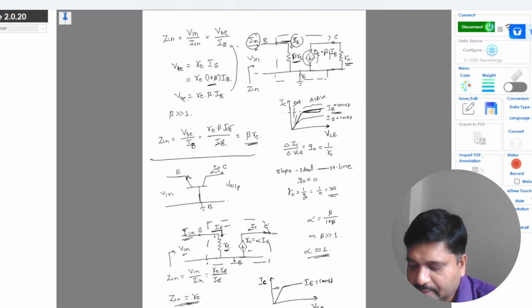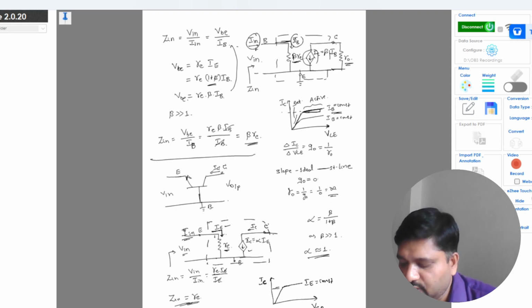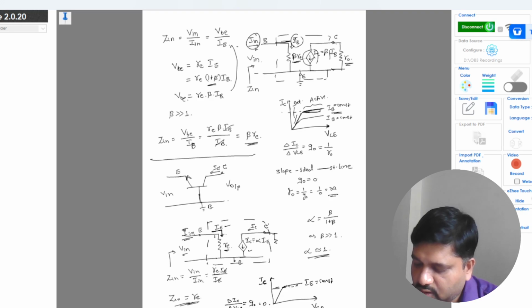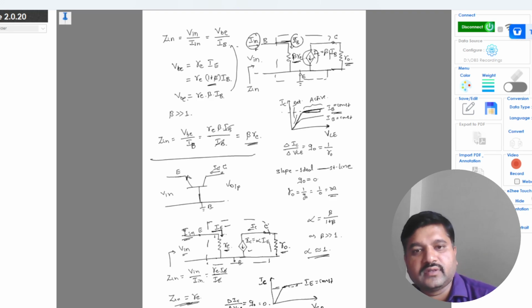That means you are representing it as a constant current source by taking the slope of this, change in IC divided by change in VCB, which is output conductance. If it is a straight line, it will be small, ideally 0. If I take the inverse of G0, which is R0, it will be equal to infinite. So that is what we are representing with the output resistance R0 for this common base configuration.